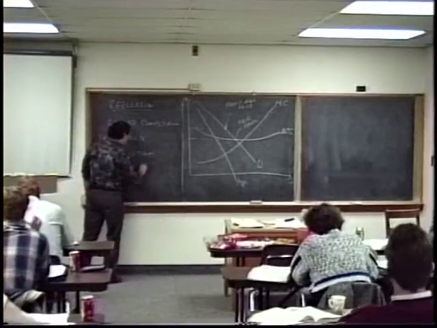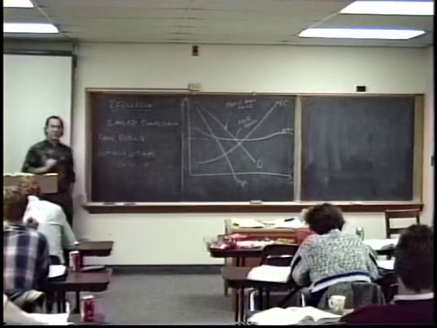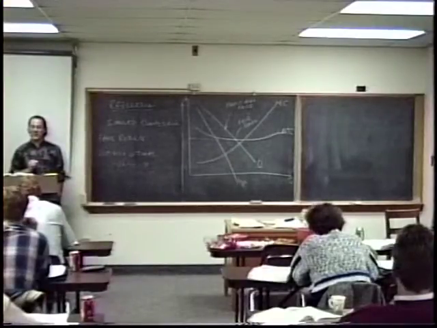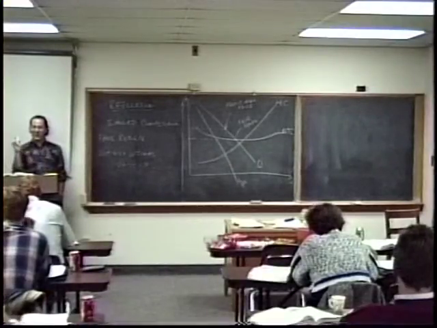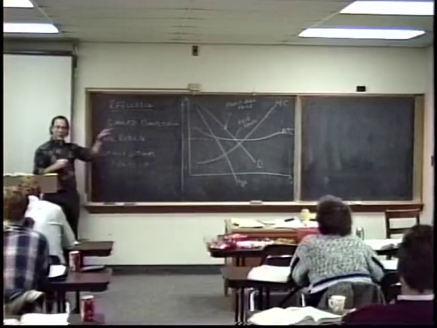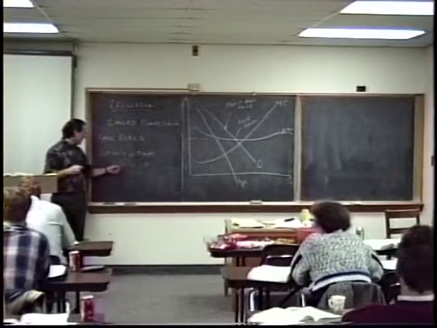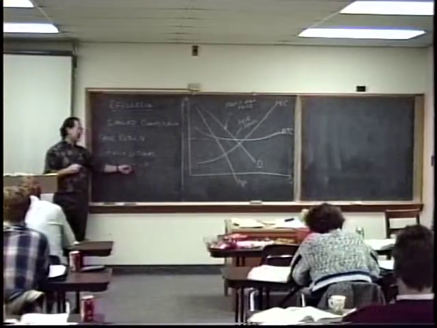Which was also what the price was. Because remember, under pure competition, we had a horizontal demand curve which passed through the point where marginal revenue was equal to marginal cost.